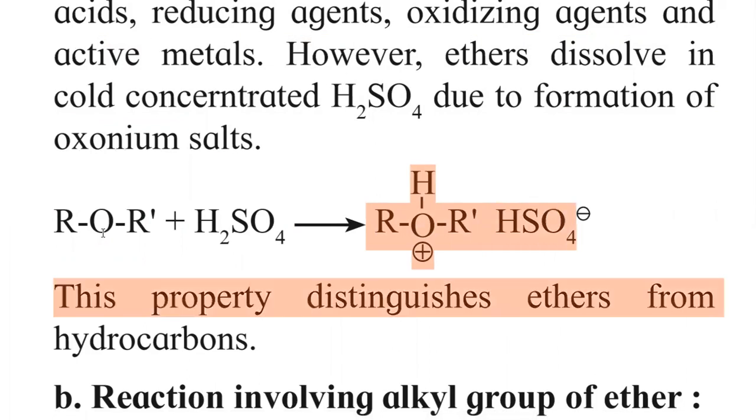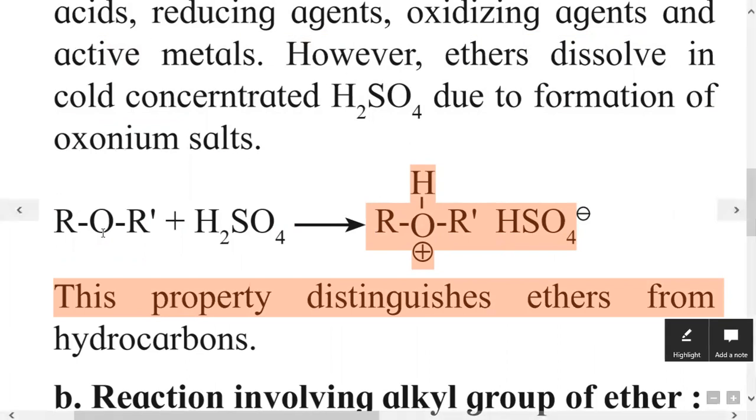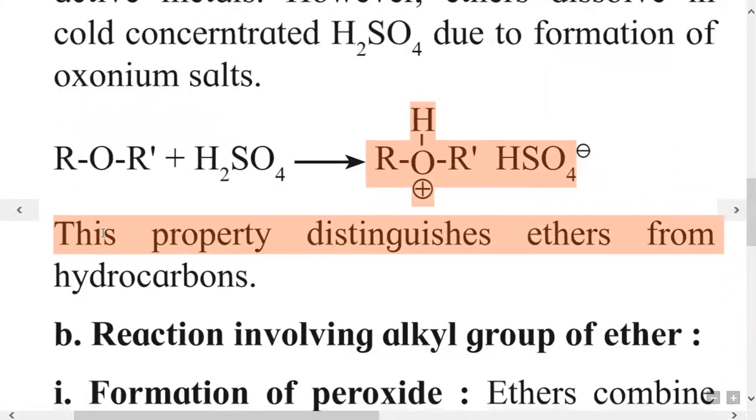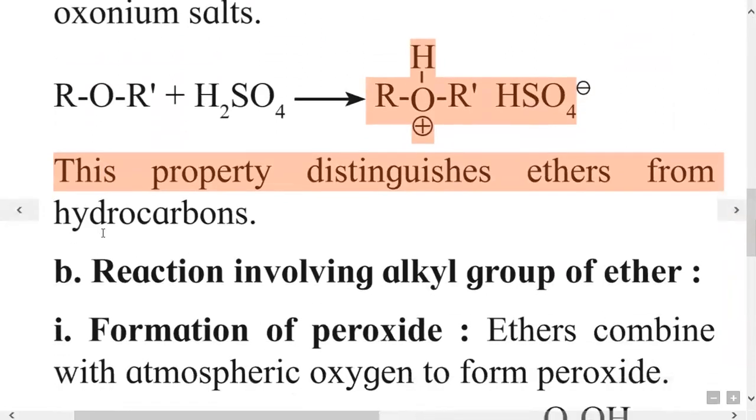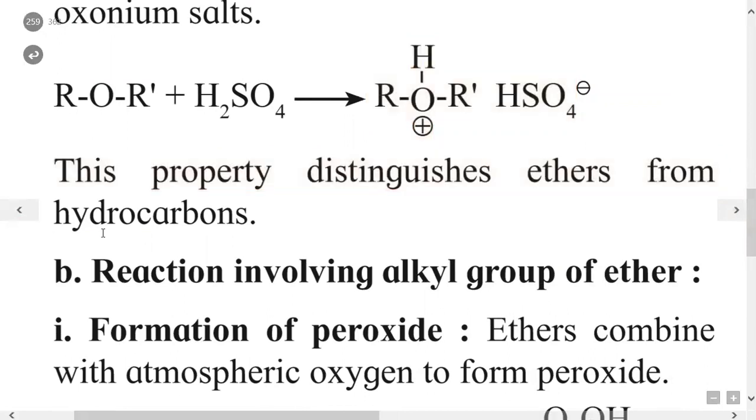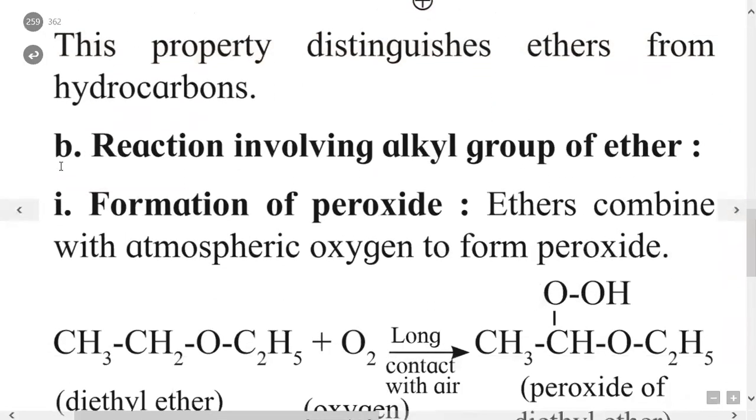This is the oxonium salt of sulfuric acid and ether. Due to the formation of this oxonium salt, ether dissolves in concentrated H2SO4, and this property distinguishes ether from hydrocarbon. So this is the first chemical property of ether.